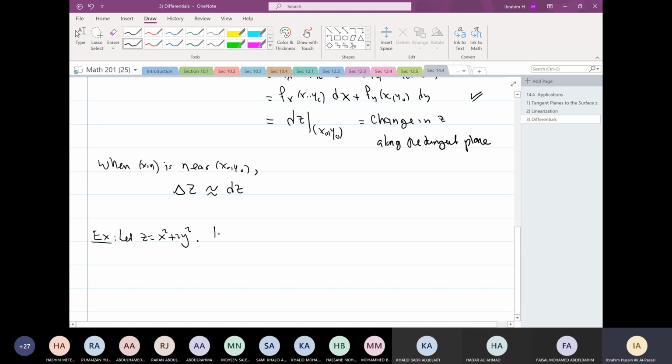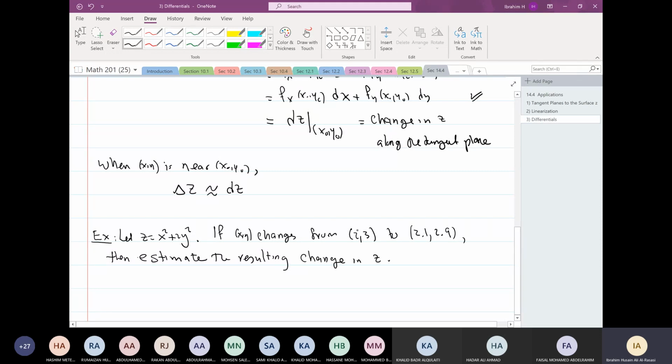If x, y changes from (2, 3) to (2.1, 2.9), then estimate the resulting change in z.